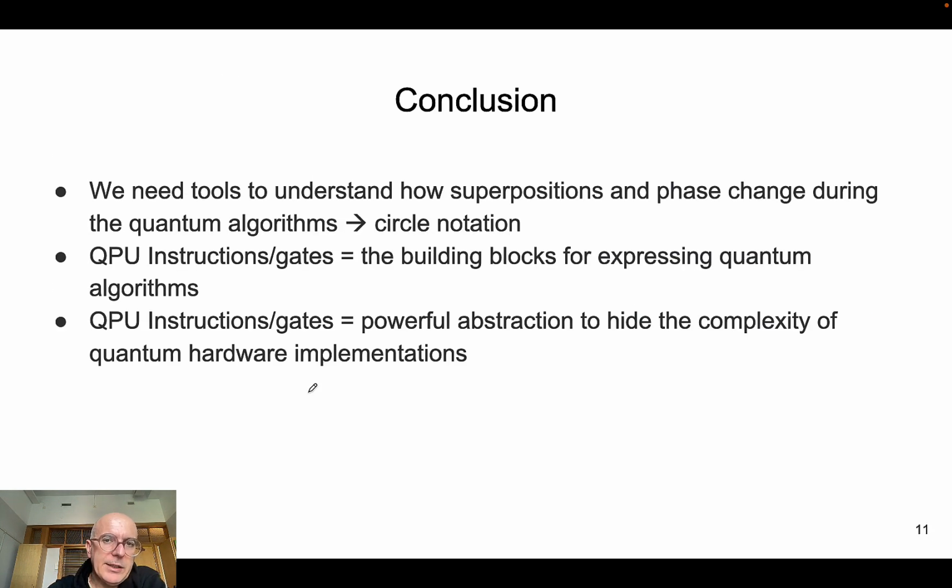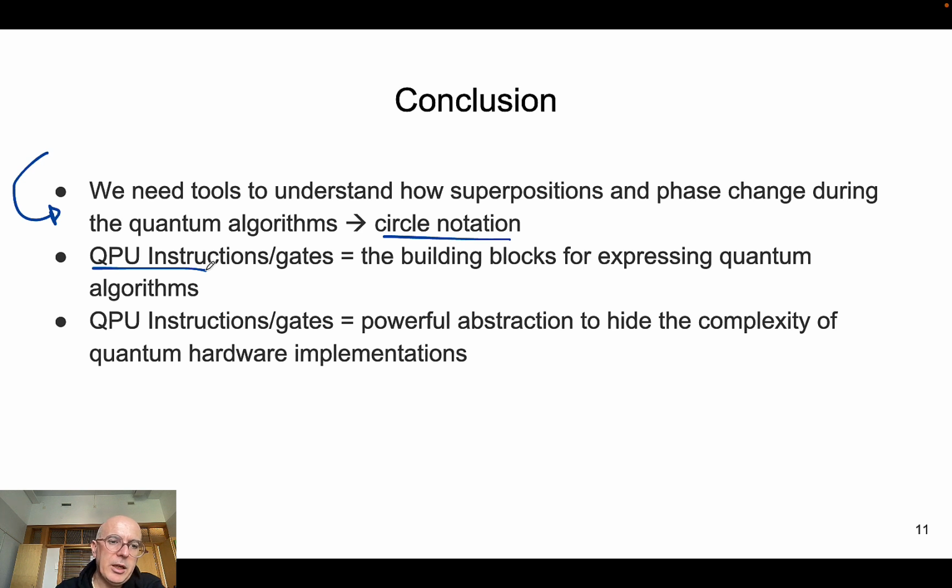This is the last slide. In my lecture, we will start by first discussing the circular notation, which is a very pedagogical formulation of the quantum bits that we are going to use in this course. We are then going to describe a number of QPU instructions, quantum gates, that are the building blocks for expressing quantum algorithms.